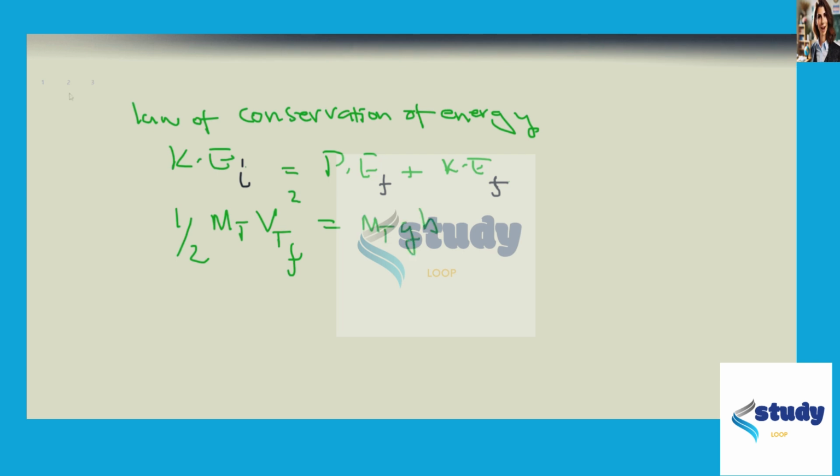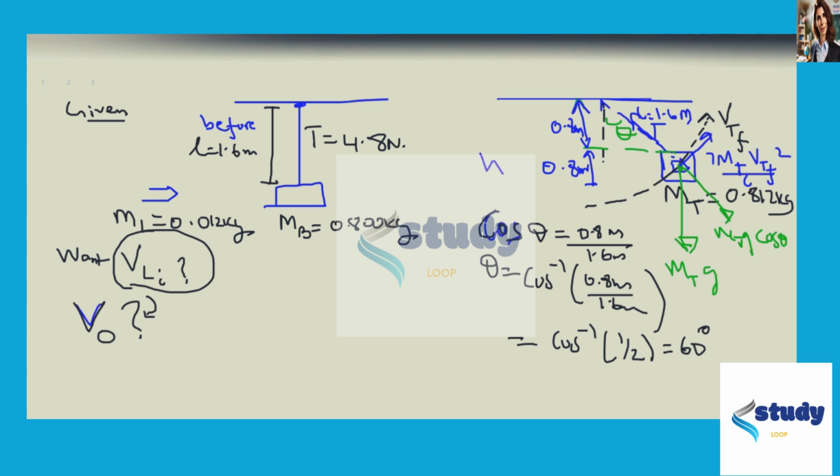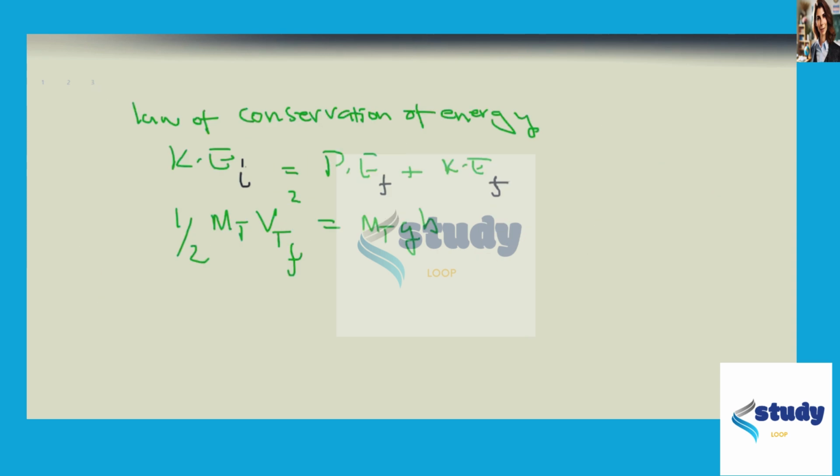Remember, h is this height right here, when it changes height from this position to that position. So that difference in height is the h, and then plus 1/2 mt.